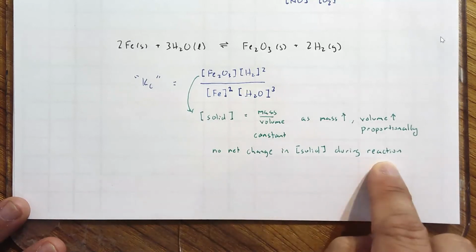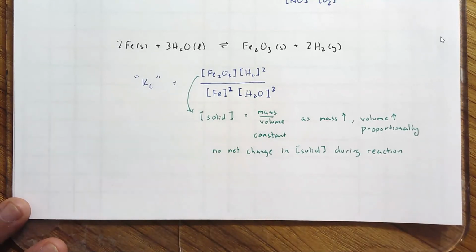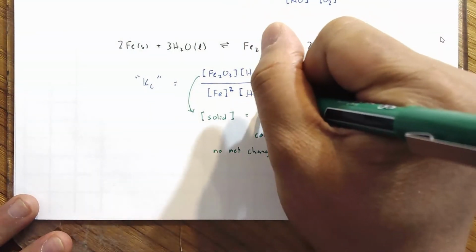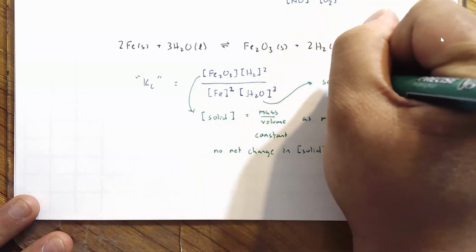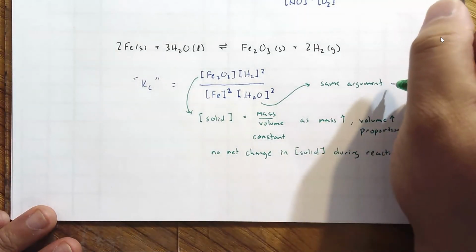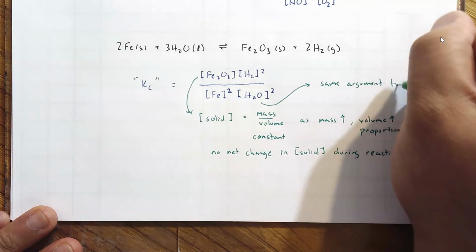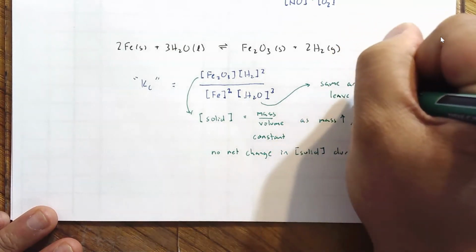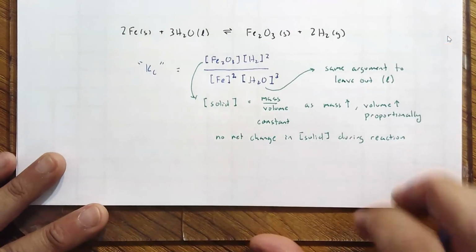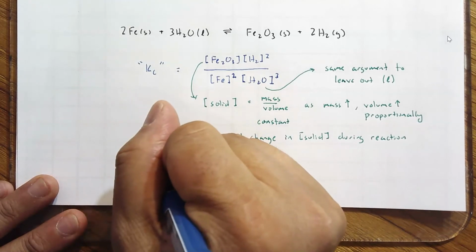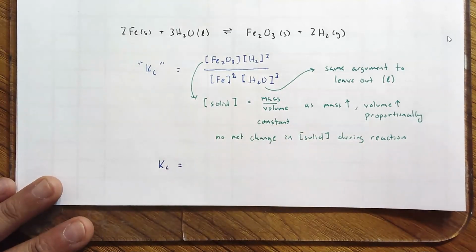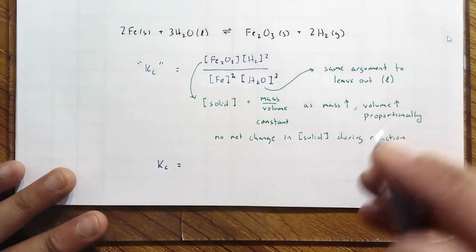No net change in solid during reaction, so you leave it out of the expression. Same thing for the liquid. H2O is liquid, right? So same argument. For liquid, same argument to leave out anything that's liquid. Alright, so your true Kc, the one that will help you with calculations when we start determining the equilibrium amounts, is this.